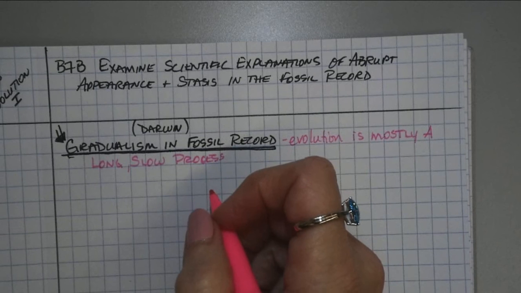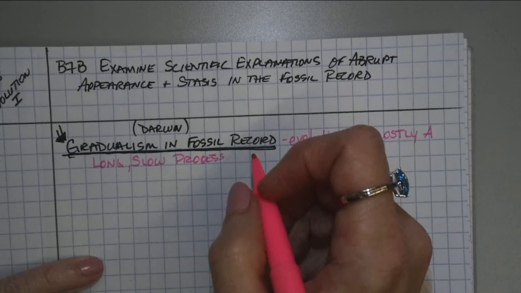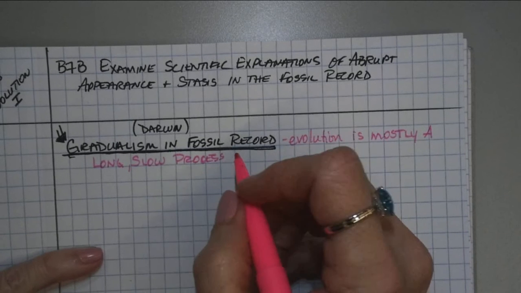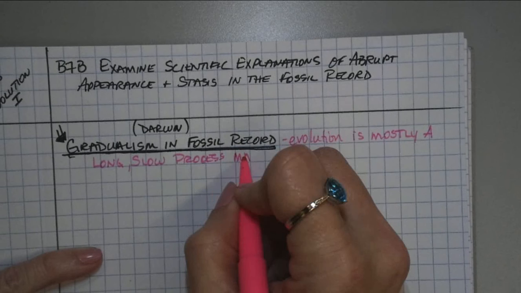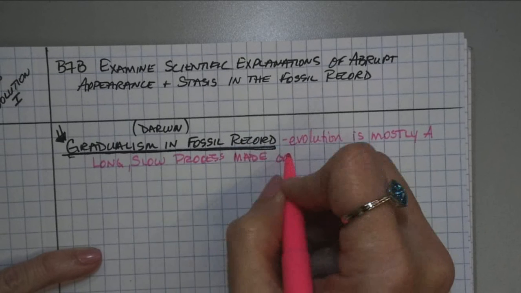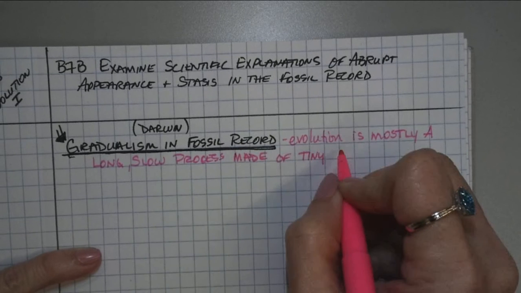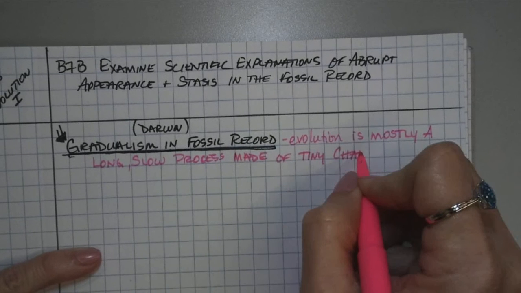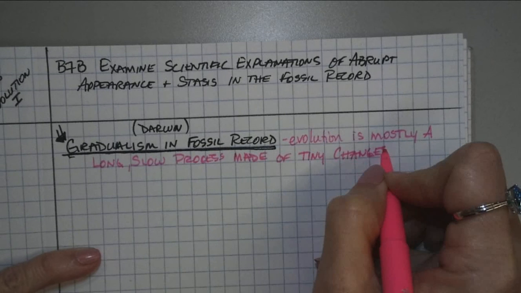So it's a long, slow process made of tiny changes. Many of the changes are not noticeable.